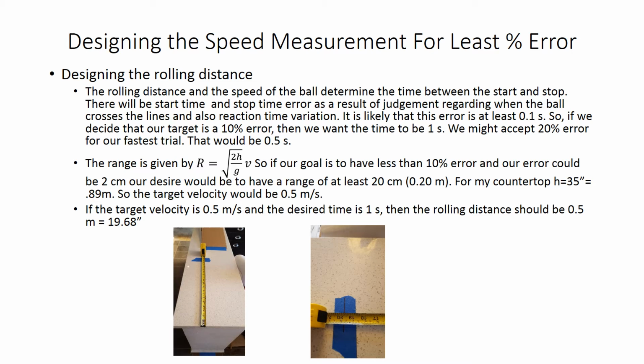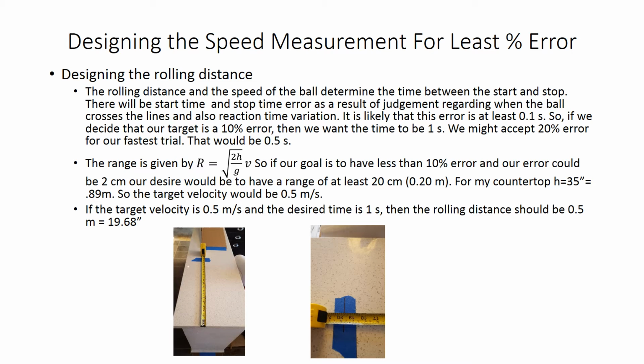Time is the distance divided by the speed. So if we work with high speed, we will need a long distance between the start and the stop points. We'll also be making a range measurement, and we'll want to manage its error.